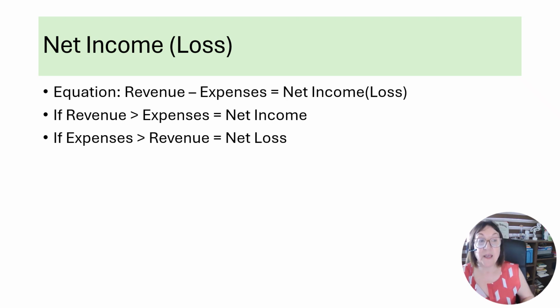That's a net income. If expenses outpace revenue, that's a net loss. Now, sometimes companies at the beginning, like the first 3 to 5 years, may experience a net loss only because they're having to spend a lot of money to get their company going. But after that, they should be making money every year. If not, you kind of have a little problem, don't you?